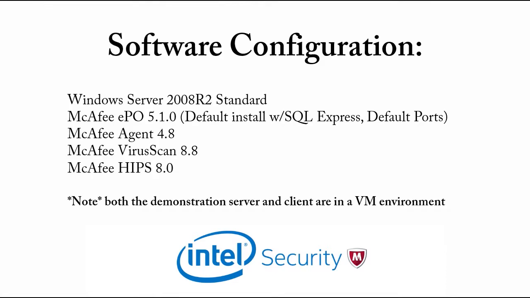This is the software configuration for this demonstration: Windows Server 2008 R2 Standard, McAfee ePO 5.1.0 with a default install of SQL Express and default ports, McAfee Agent 4.8, McAfee VirusScan 8.8, and McAfee HIPS 8.0. Note: both the demonstration server and client are in a VM environment.